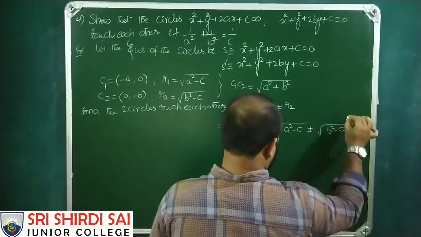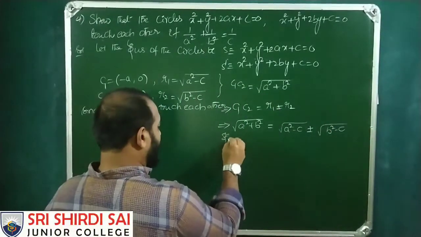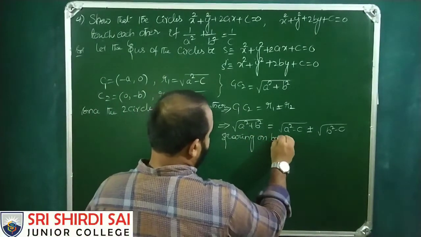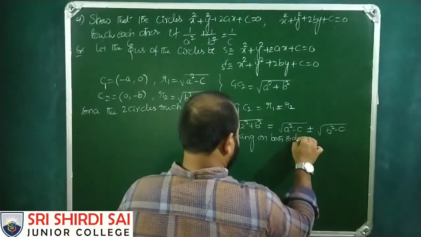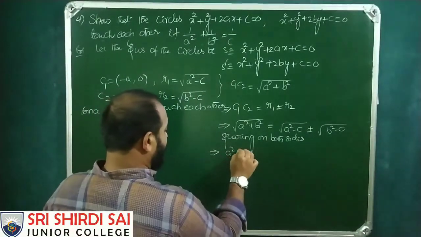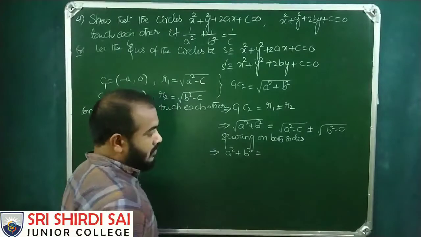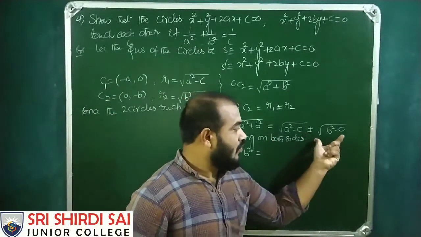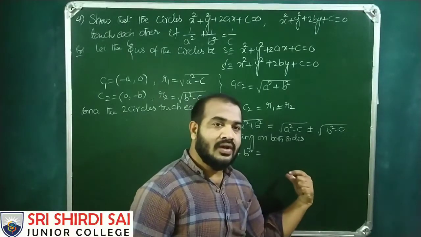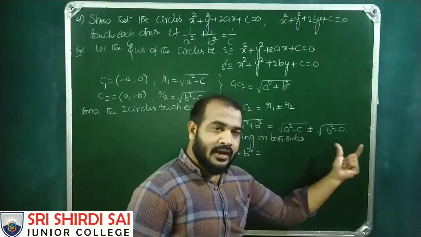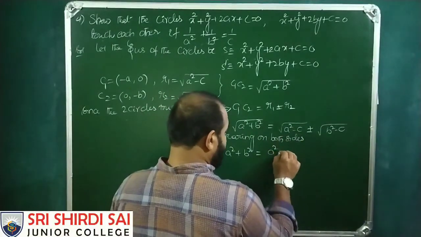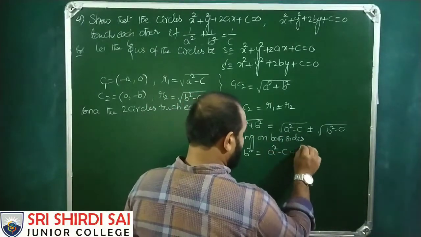So let us square on both sides. Squaring on both sides, then the square root gets cancelled. A square plus b square equals to a plus or minus b whole square, so a square plus b square plus or minus 2 root of a into b, where this is a square minus c and this is b square minus c.